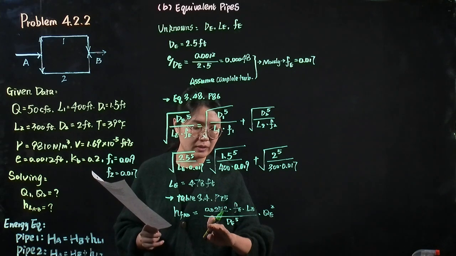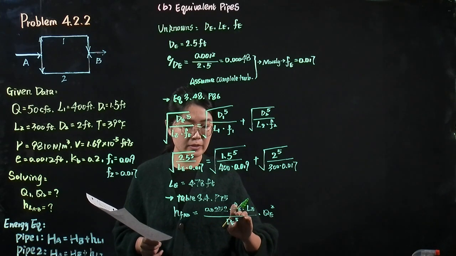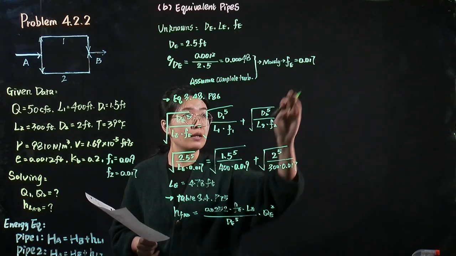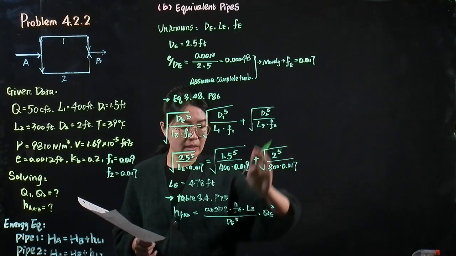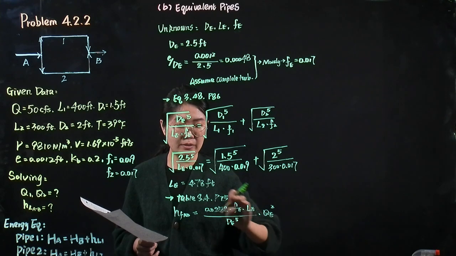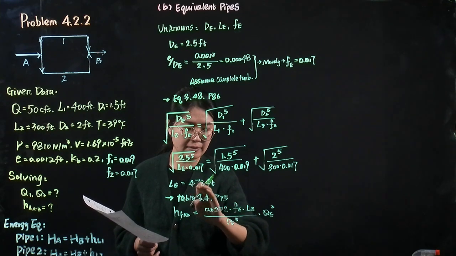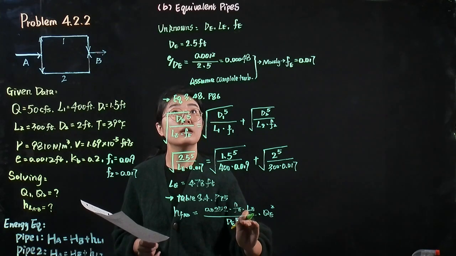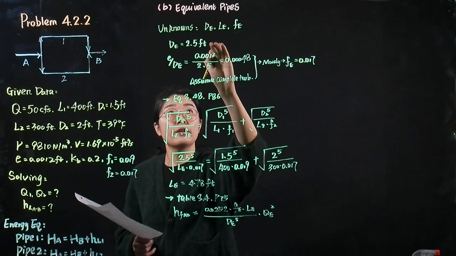In this equation, we know the value of equivalent friction factor. It equals to 0.017, and the equivalent length equals to 478 feet. The equivalent diameter is 2.5 feet.